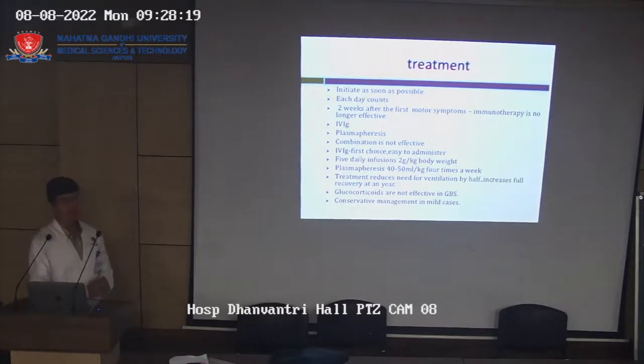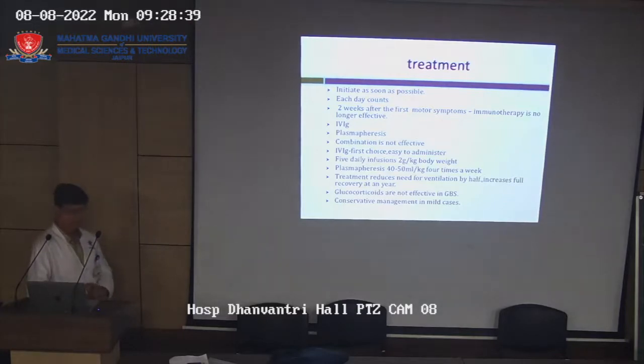This treatment, either in the form of IVIG or plasmapheresis, reduces the need for ventilation, because it has been seen that when the patient presents to you with weakness of the lower limbs, this weakness may ascend upwards and the patient may get involvement of the respiratory muscles, and whenever there is involvement of respiratory muscles, there may be need of mechanical ventilation.